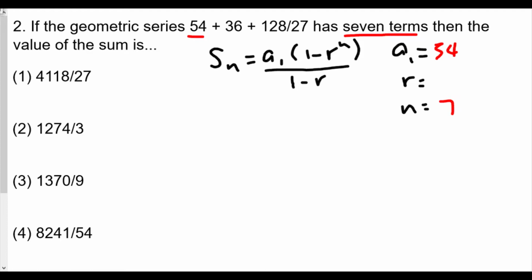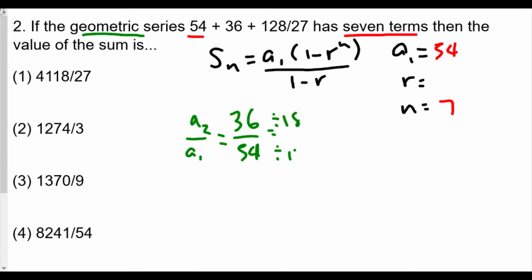The common ratio can be found, because we know it's a geometric series, by taking the second term, a2, and dividing by a1. So we'll have 36 over 54. Now we can simplify this by dividing both by 18, and we get 2 over 3, and that's our r value.